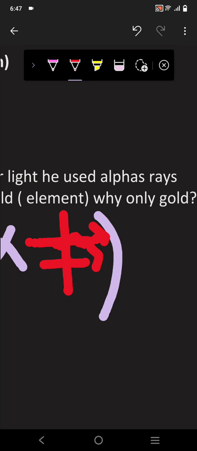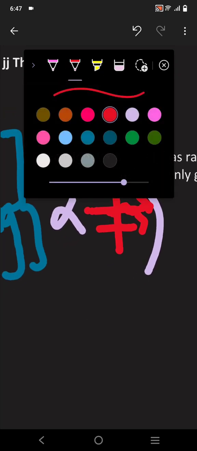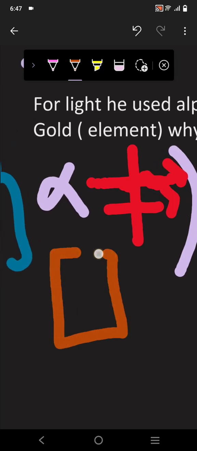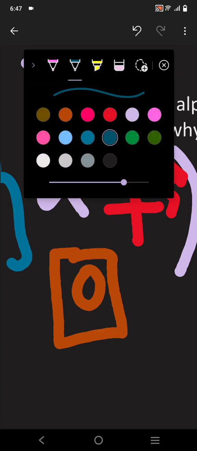Now the main thing that he used, he took a lead box. All right, this is the lead box, and in that he took polonium. So from there the rays were passed.